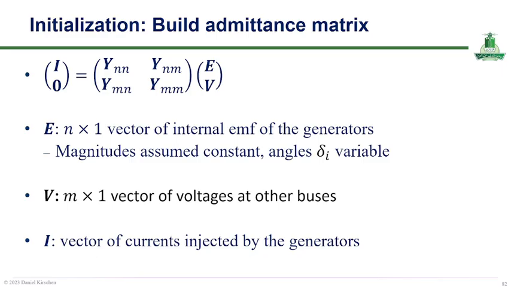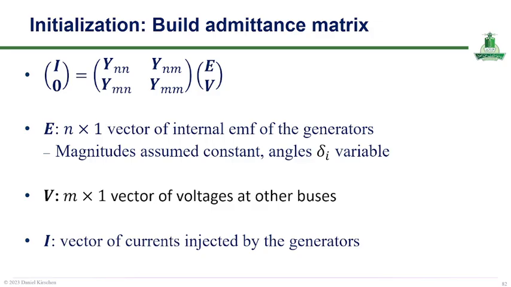In this formulation, the vector E represents the internal EMF of the generators, where the voltage magnitudes are assumed constant, while the rotor angle delta i varies dynamically during system operation. The vector V contains the voltages of the remaining buses in the network, and the vector I denotes the current injected by the generator.